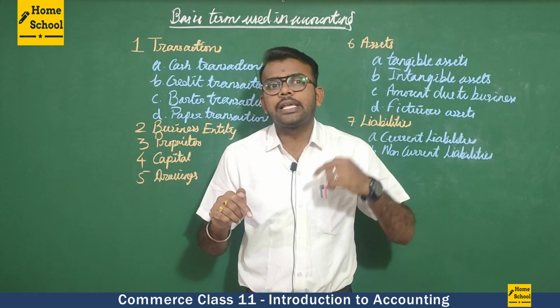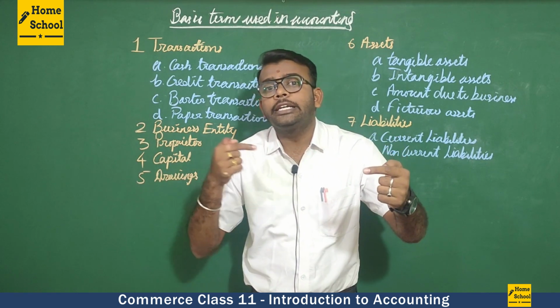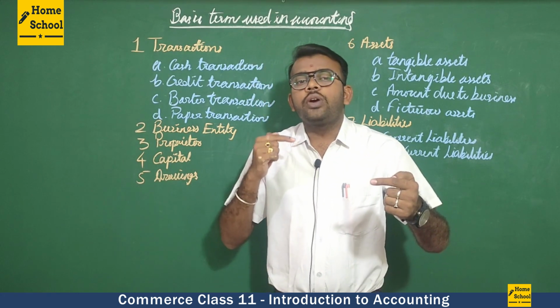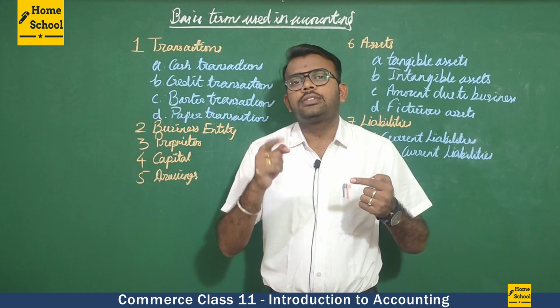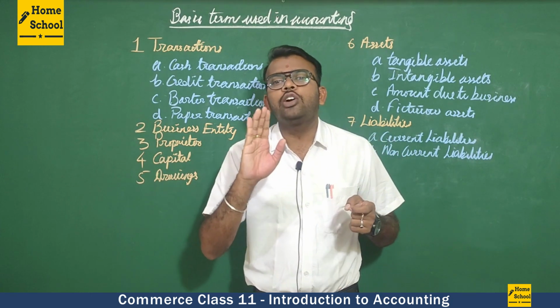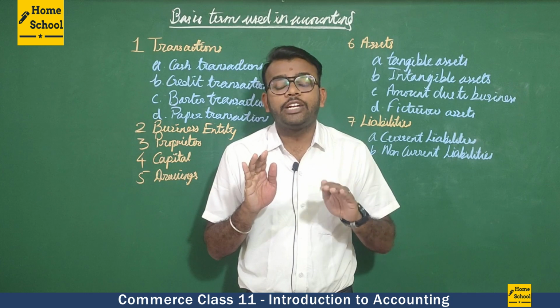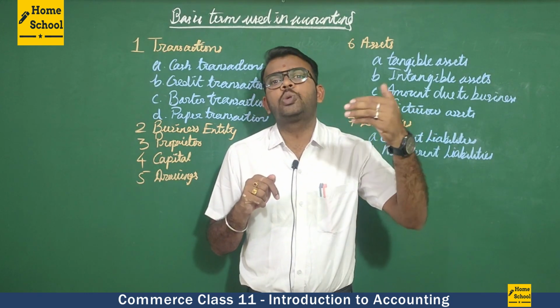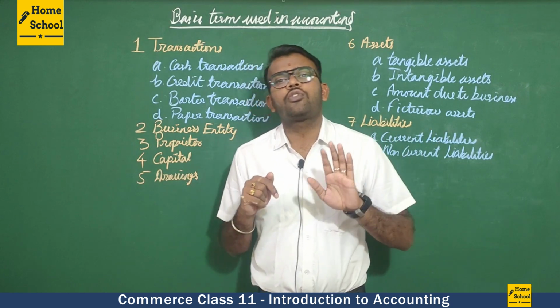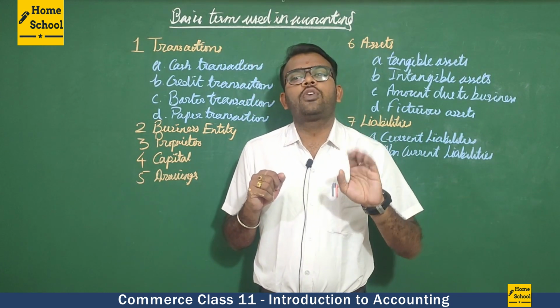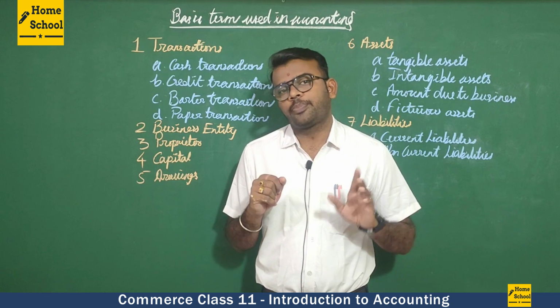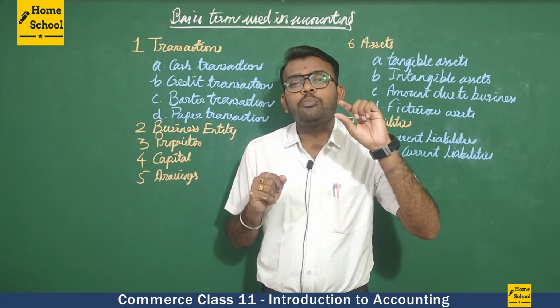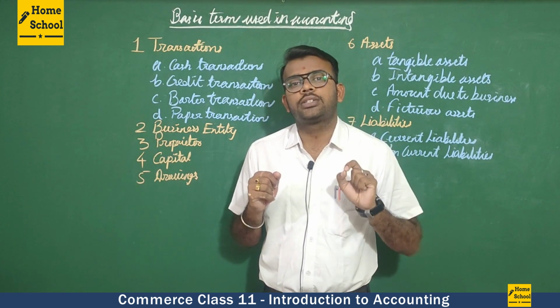Now you want to sell this old car and buy a new one. At the time of selling, I think you know that the value of the car will not be the same. It will be reduced. So if you go to the market to sell the car, they will not ask for 5 lakh rupees. They will ask for 3.5 lakh rupees, because 1.5 lakh rupees is reduced.